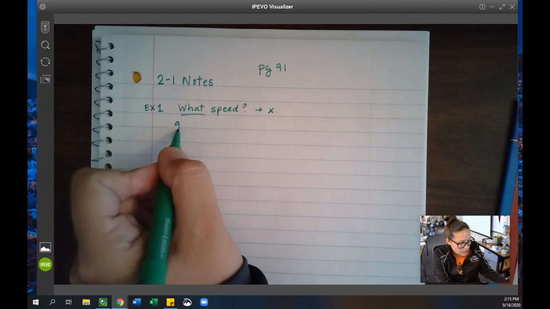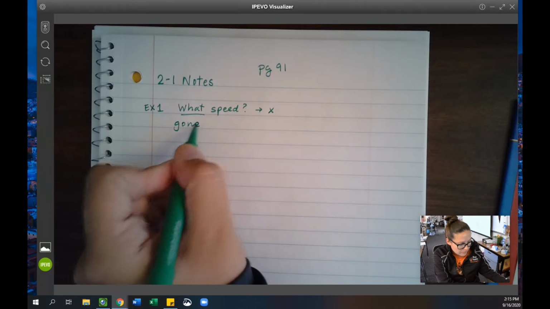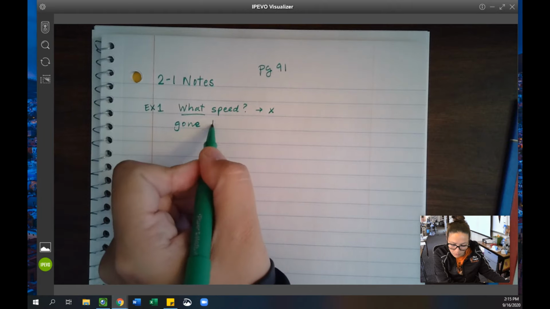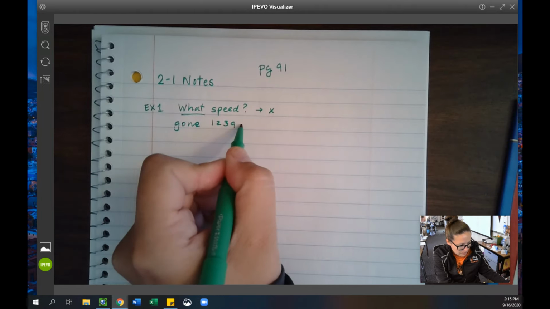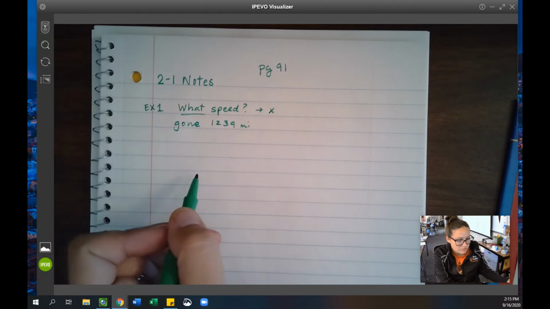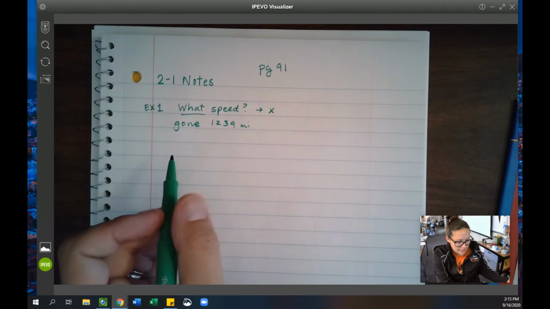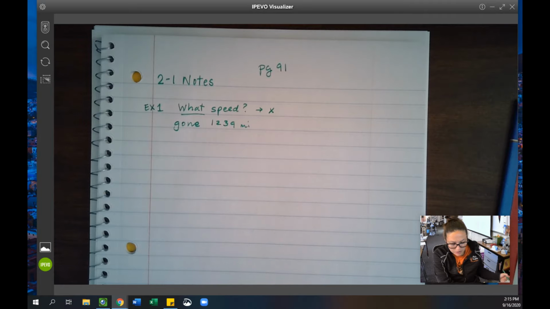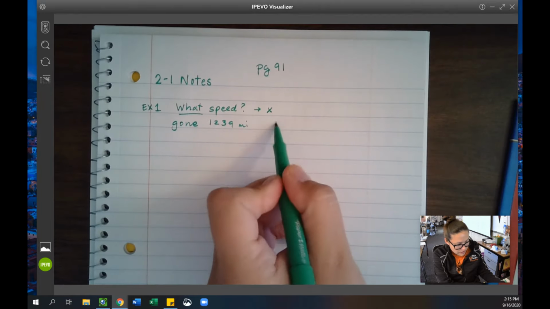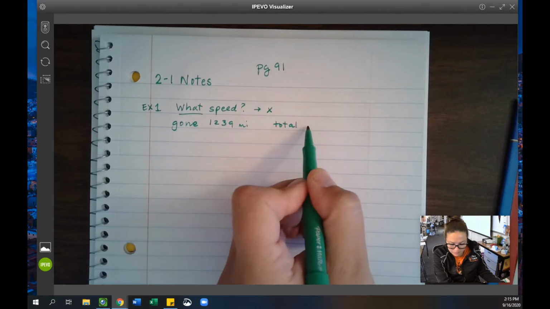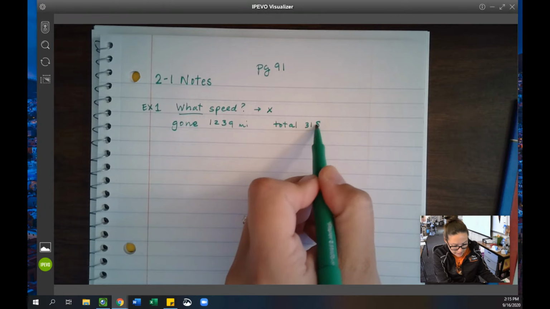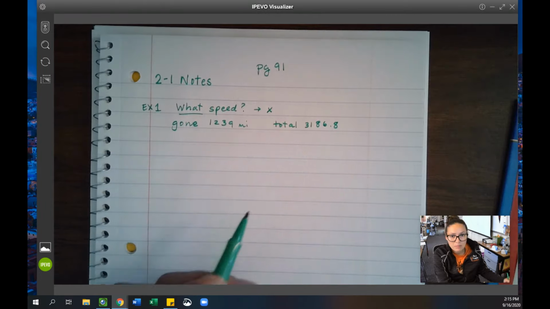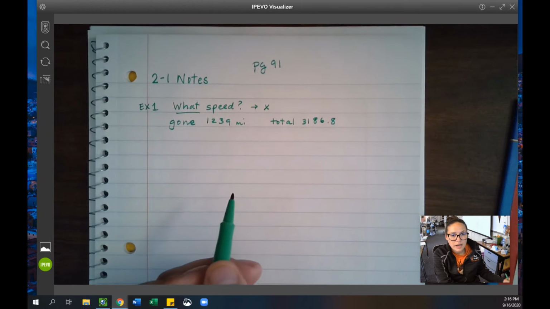We know that they've already gone 1,239 miles, and they need to get a total distance to tie. What's the record? Total needs to be 3,186.8 miles.